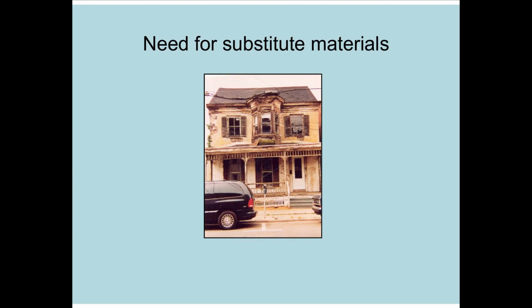If the historic material or element is not missing entirely from the structure, the first step is to determine whether deterioration of the surviving historic material is sufficient to require replacement in kind or with a new material.